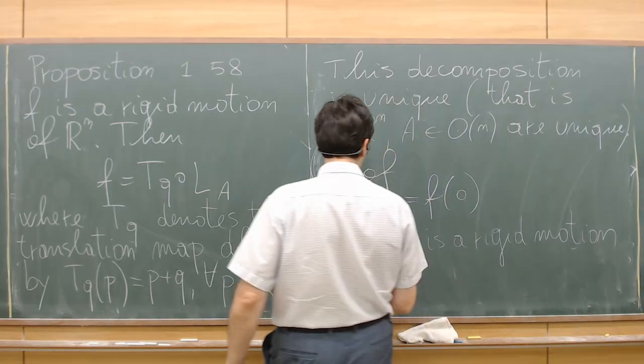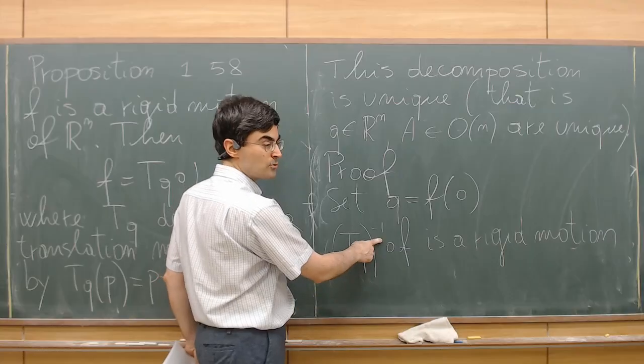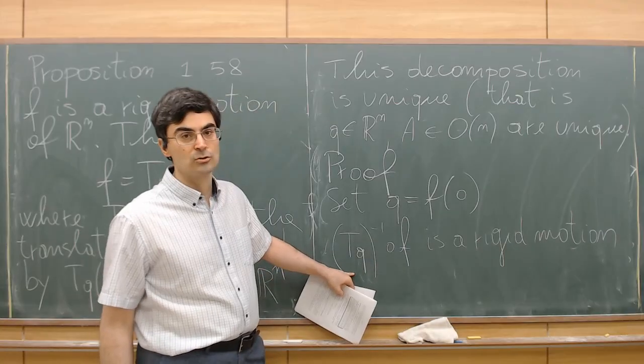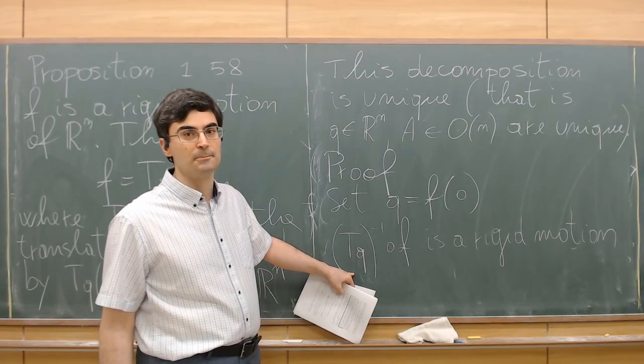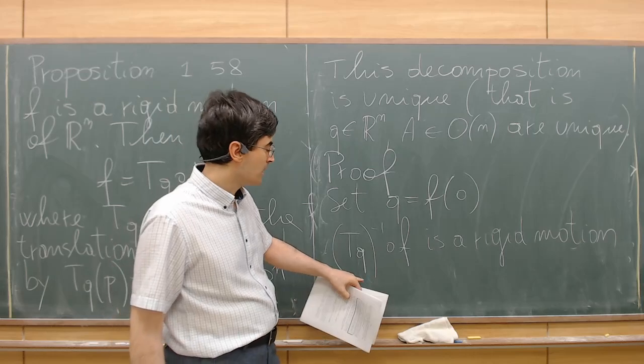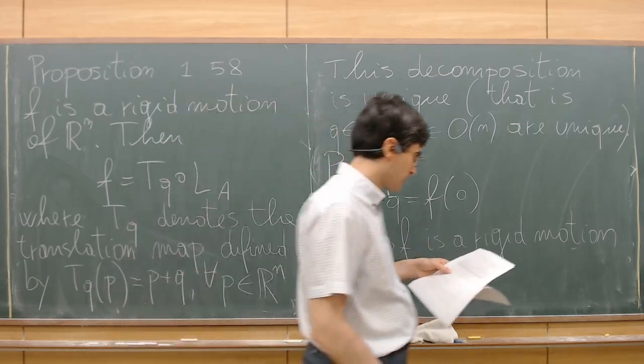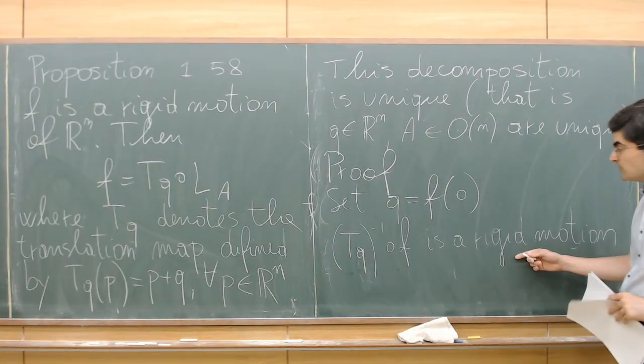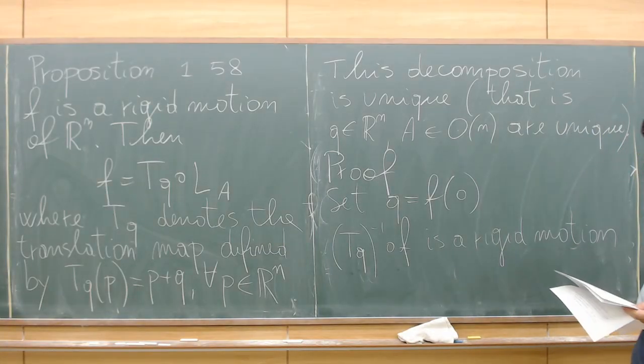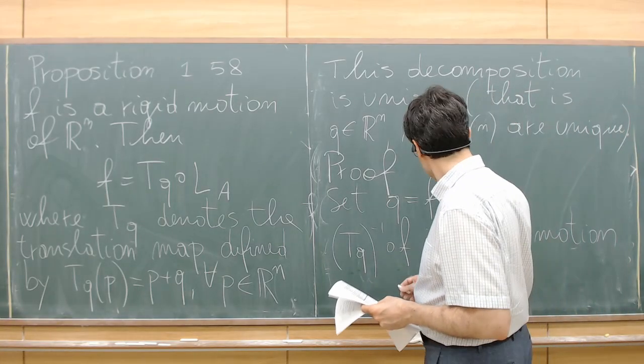Because TQ inverse is a translation, and translations are rigid motions because they preserve distances, and composition of rigid motions is a rigid motion. This rigid motion is special for the following reason.